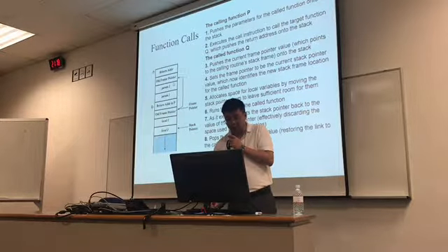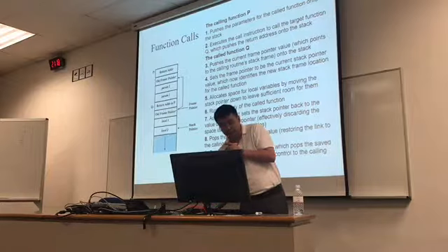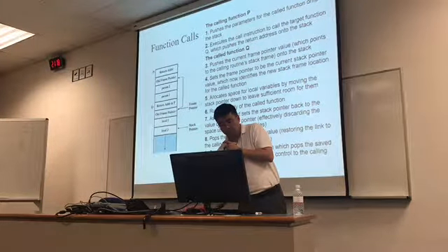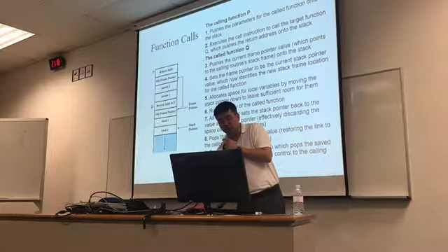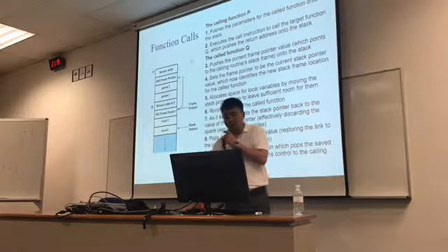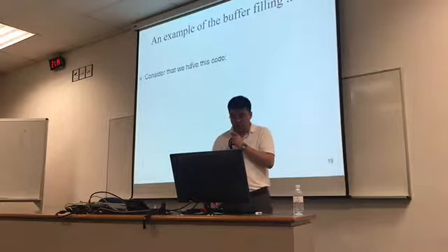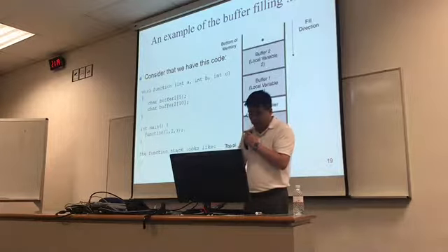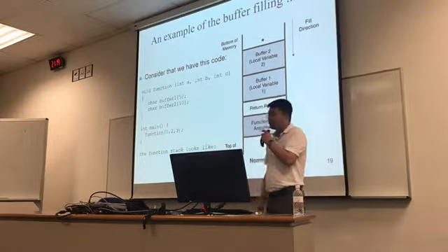Right? So after you reassign this frame pointer back to function P, you can now pop up the return address. You can return the control to function P, because now this frame pointer is already back to function P's stack. Control now can be returned back to function P. So this is how we call a function.